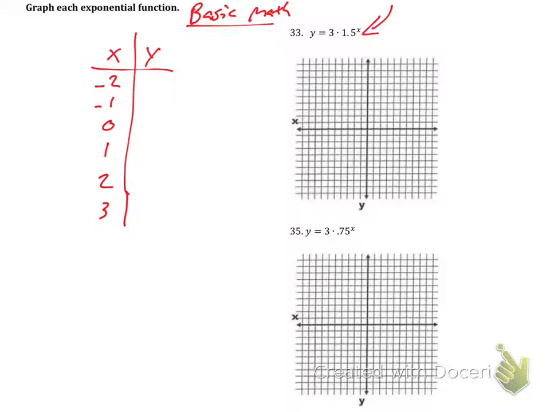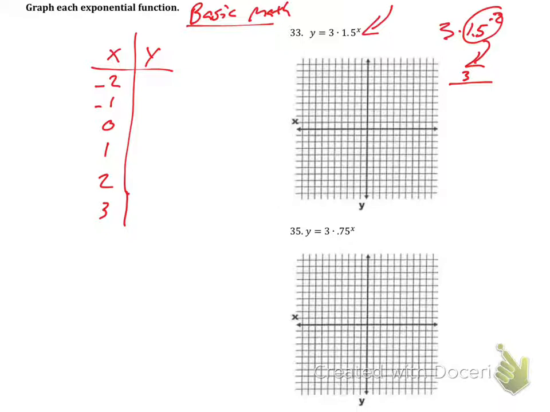Hold on one second, I'm using a different calculator. So an easy way to do this: you know that this is 3 times 1.5 to the negative second, and you could just bring this down. So then what you could do is just 3 divided by 1.5 to the second.